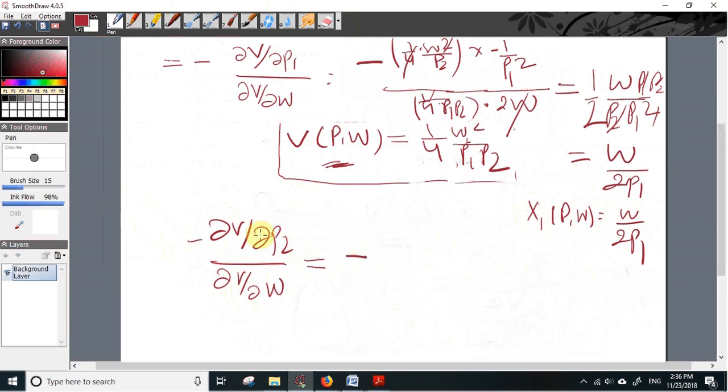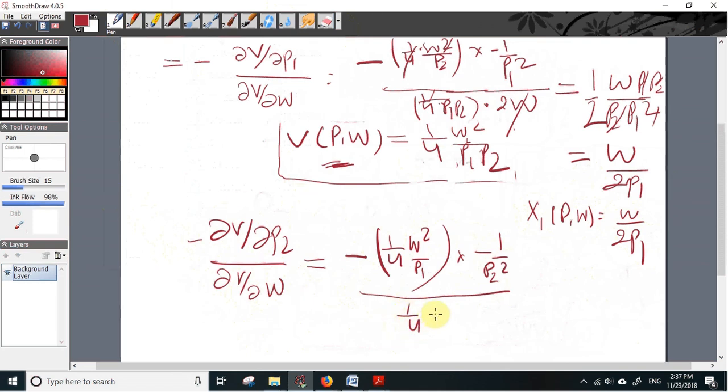So del V over del P2 is 1 over 4 W square upon P1, a constant coefficient, and we find the derivative of 1 over P2 only, which is 1 over P2 square, divided by 1 over 4 P1 P2, a constant coefficient now, and the derivative of W square is 2W.